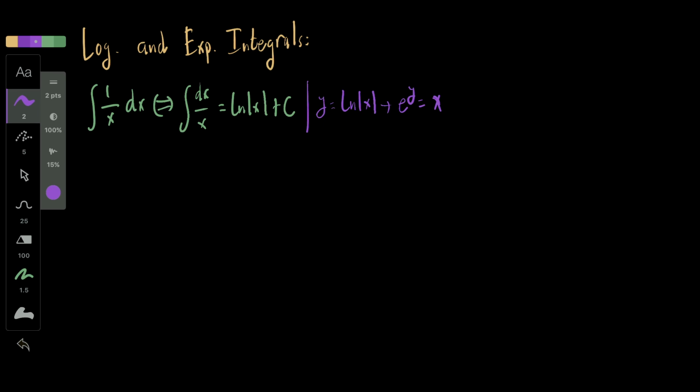So, now that we have that covered, let's actually differentiate this. Using implicit differentiation, we get e to the y times dy by dx is equal to just 1. But, as you can see earlier, we have e to the y is equal to x. So, x times dy by dx is equal to 1.